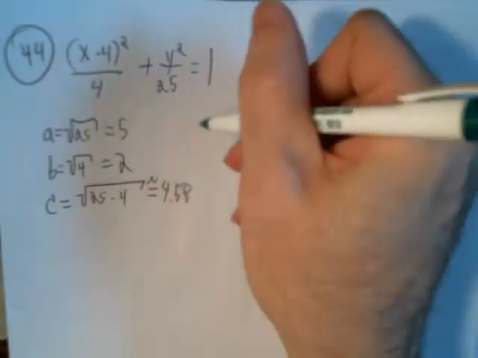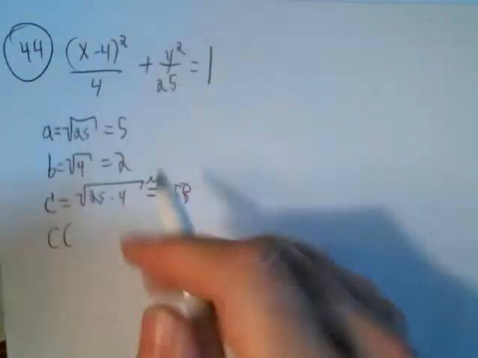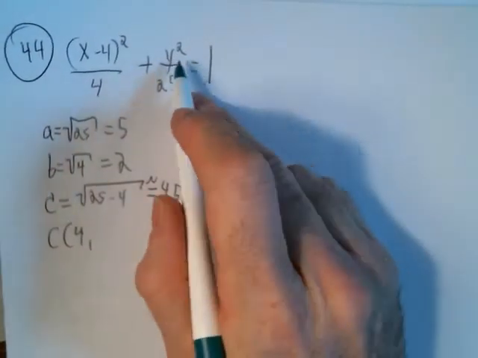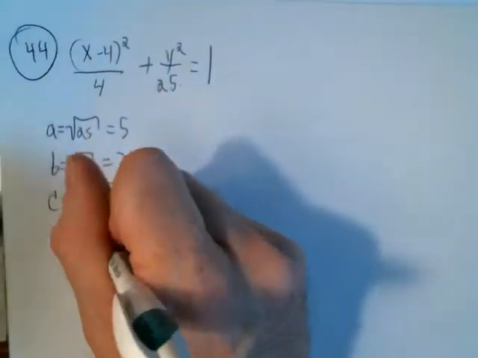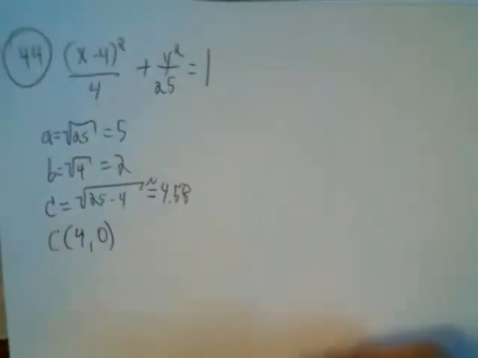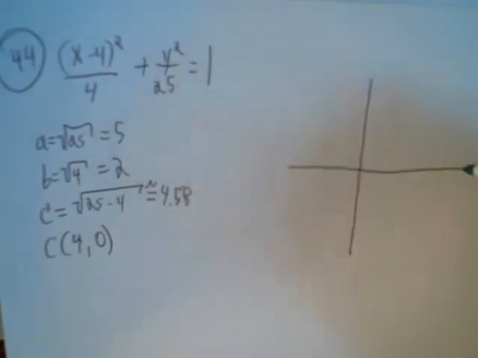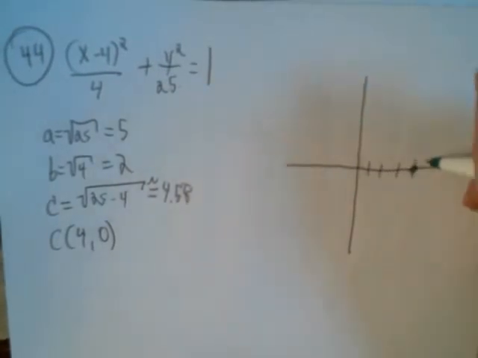Okay, so the center, extracting from this information, is 4. And then if you don't see anything, it's just 0, right? So y squared is the same as y minus 0 squared, so it's just 0. So we're going to mainly be on the positive x axis. 4, so right here.